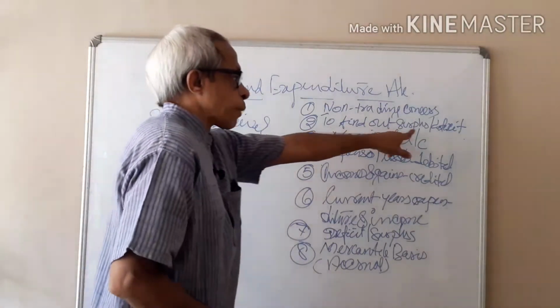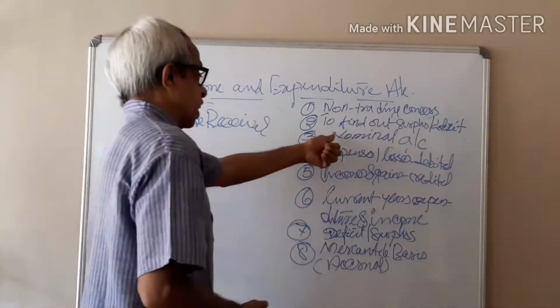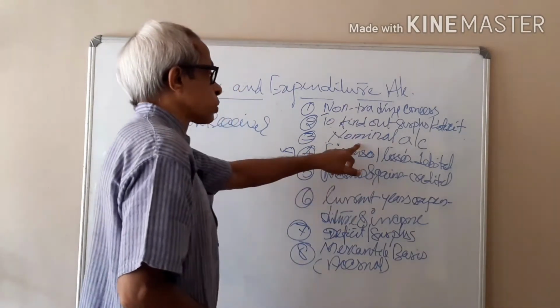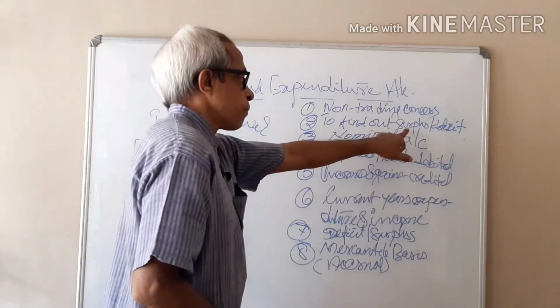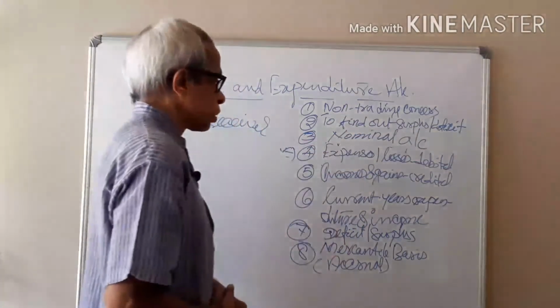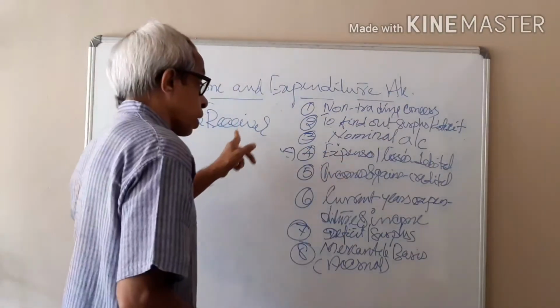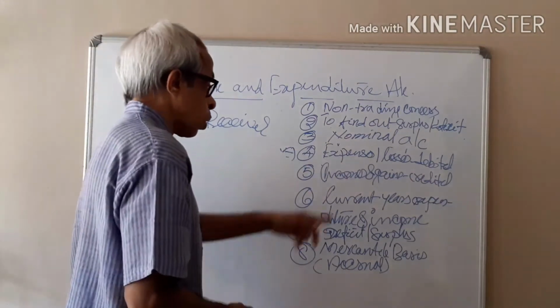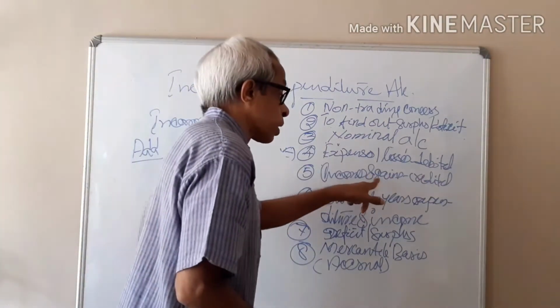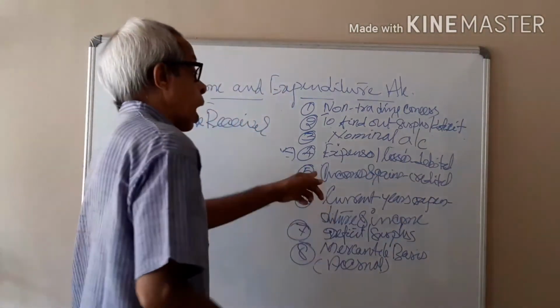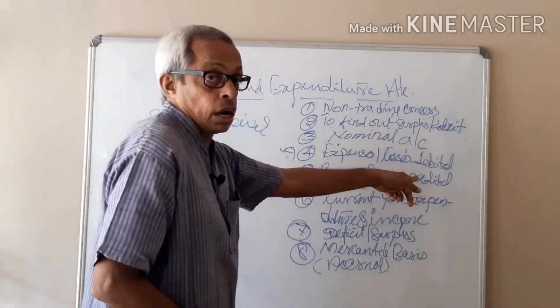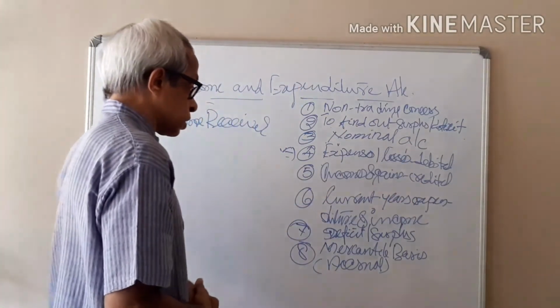It is to find out surplus or deficit. This account bears nominal character because it is prepared for finding out the surplus or the deficit. All expenses and losses will be debited after making due adjustments. All incomes and gains will be credited after making all adjustments.